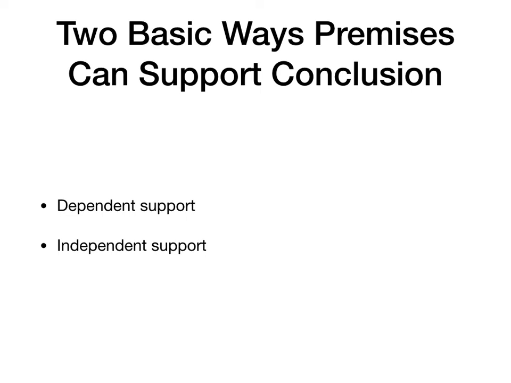Those might both be deductive, and they might support the same conclusion. That's possible. Strictly speaking, though, you should expect deductive arguments to have dependent support. Anyway, that might not make a lot of sense to you guys just yet because we haven't talked about what these kinds of support are. So let's get into it.